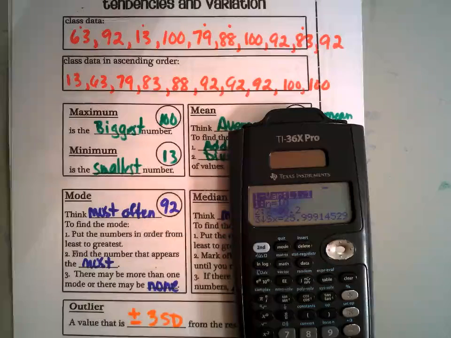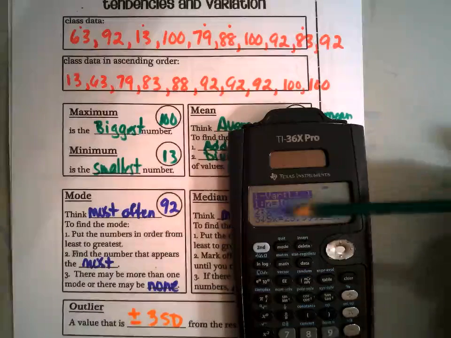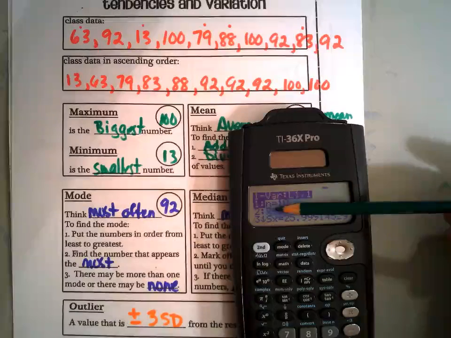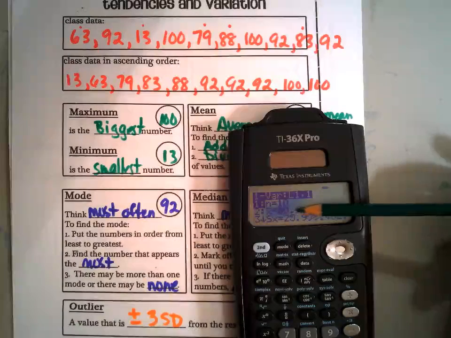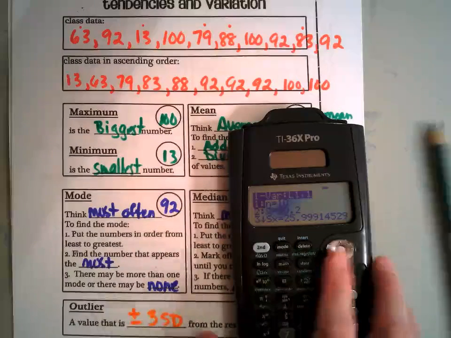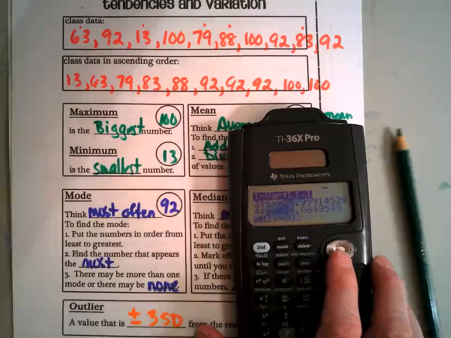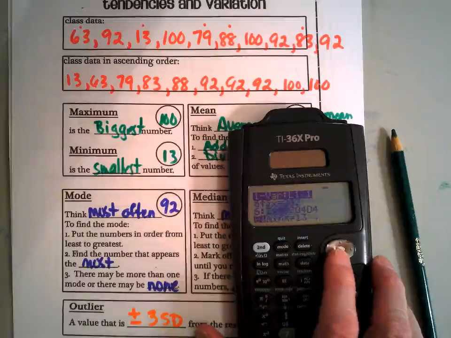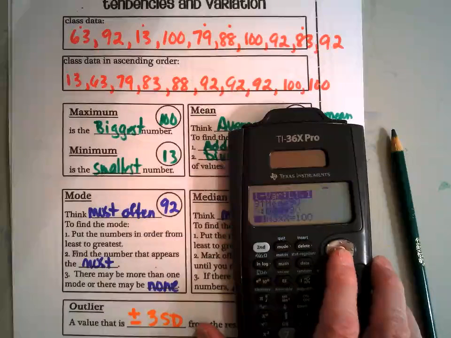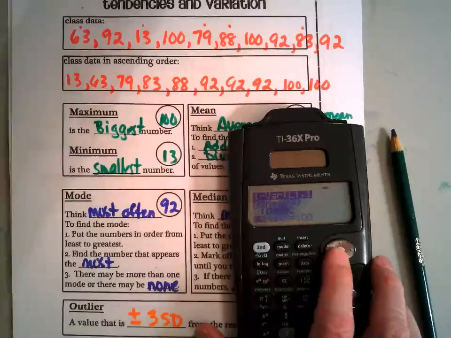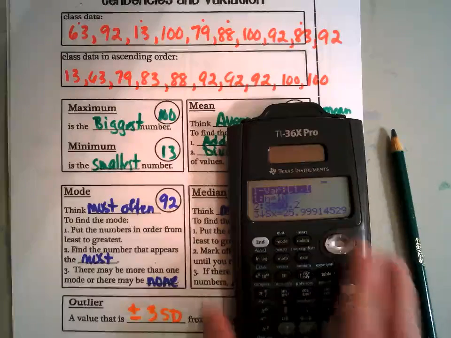I know my calculator is a little messed up, but right here is this X bar that I was talking about on the other calculator, and there's the 80.2. As you scroll down, you see the same values. There's the minimum at 13, there's the median at 90, and there's the maximum at 100.